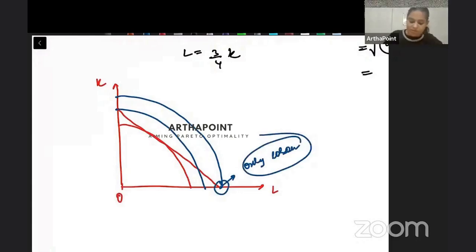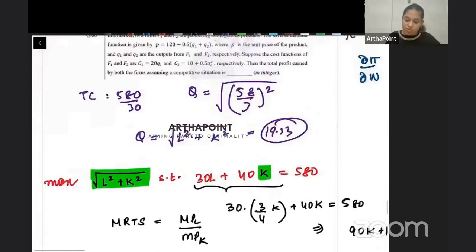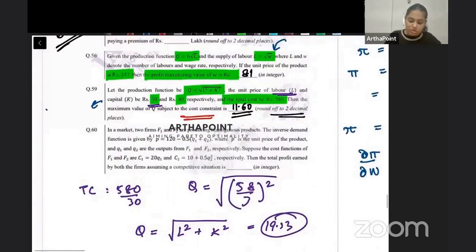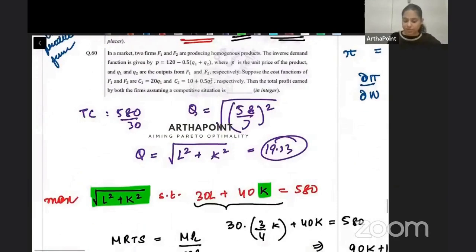You're correct. Let's make a correction to this. I think we should not be using MRTS in this case, and we should only be using labor since this is a concave production function. Okay, and just use labor and just go ahead and put K to 0. Thank you. That's correct. That will make more sense.